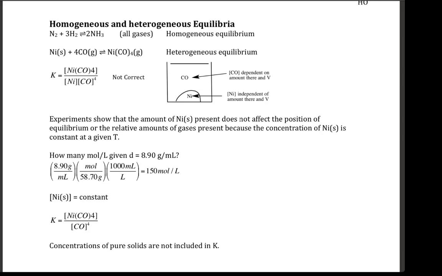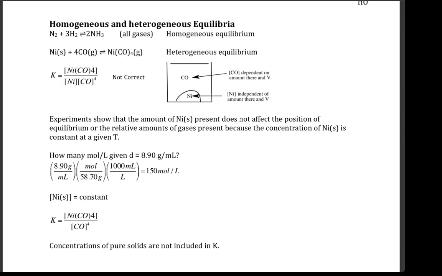So we multiply by 1,000 milliliters per liter. And now our remaining units are simply moles per liter, which would be molarity. So we can go from density 8.90 grams per mL to molarity, which we get 150 moles per liter. And that's just a constant.